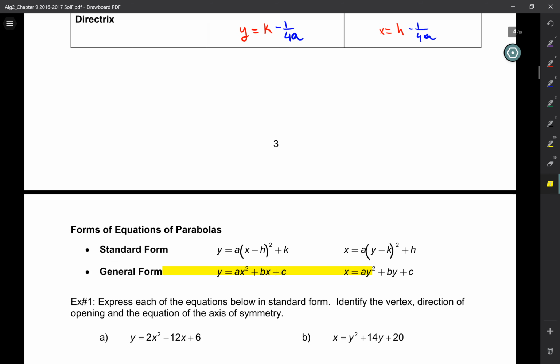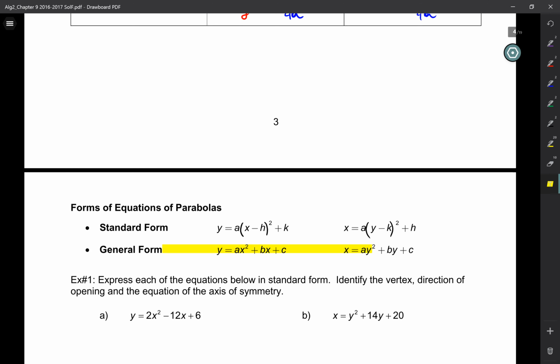So let's just do one problem and remind ourselves how to complete the square. So suppose it was this.